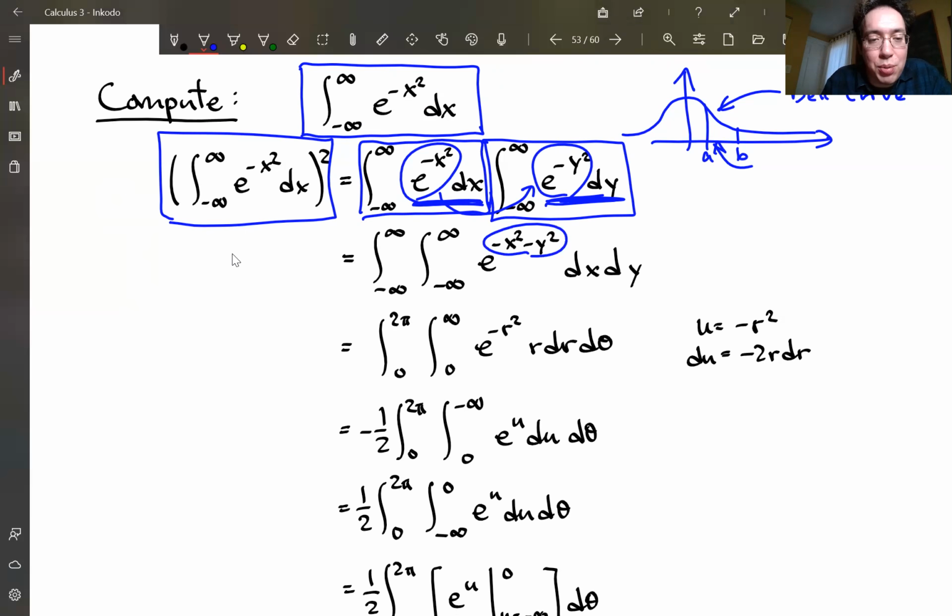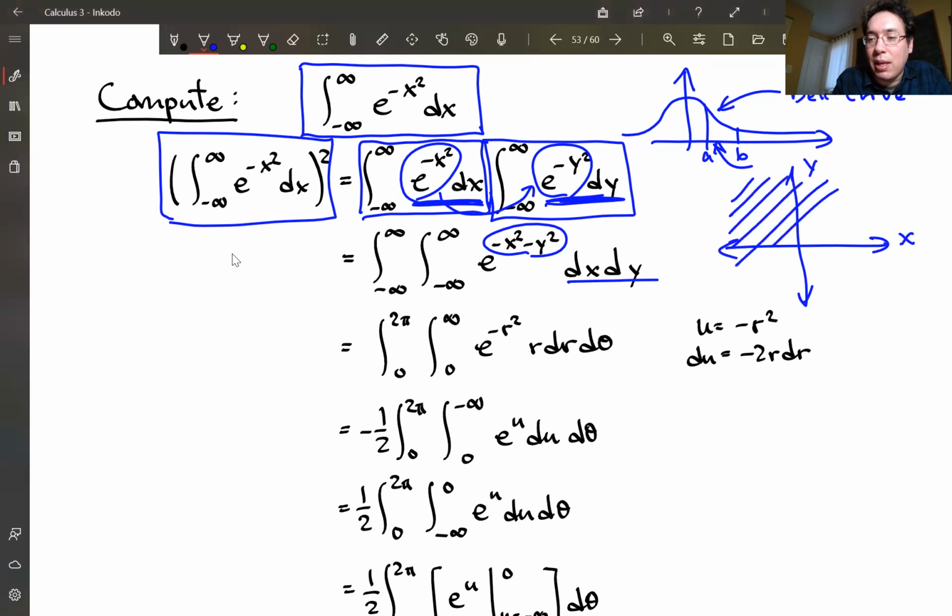So the new integrand is e to the power of negative x squared minus y squared, and it's dx dy. Now I'm going to convert this to polar coordinates. So what am I integrating? Well, I'm integrating x and y both from negative infinity to infinity.